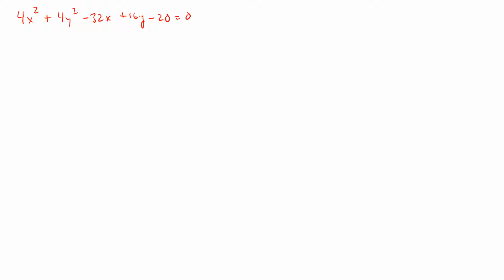Again, if we go ahead and divide by 4, it would simplify the equation, so let's do that. Okay, to find the x-intercepts, we're going to put 0 in for y. If I put 0 in for y, we'll have x squared minus 8x minus 5 equals 0.